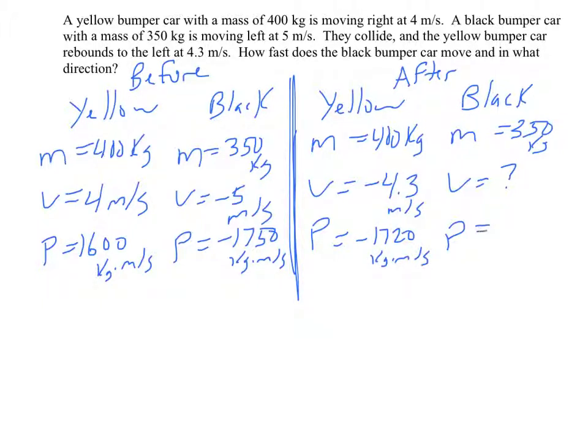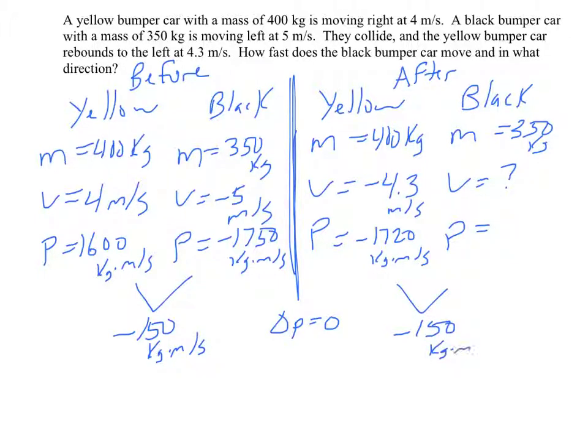So then we want to find out what the momentum of the black car is after. Remember, the change in momentum is 0 because there are no outside forces. So the total momentum of the yellow and black car before is 1600 plus negative 1750, or negative 150 kilogram meters per second before the crash, which means it also must be negative 150 after the crash.